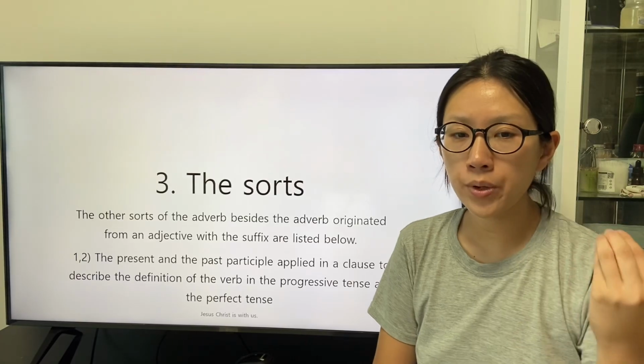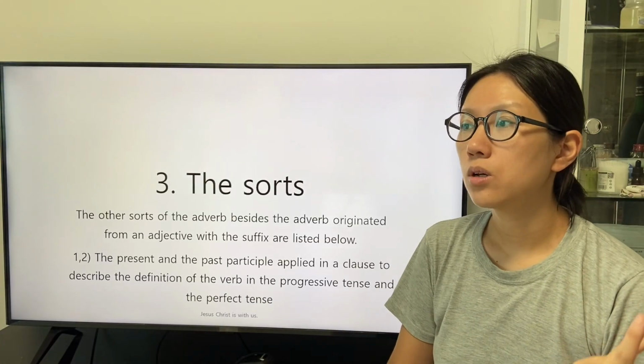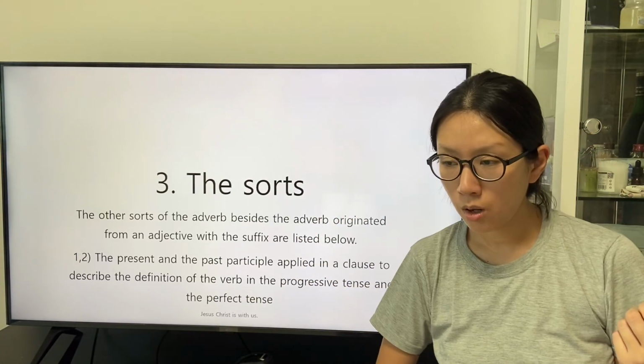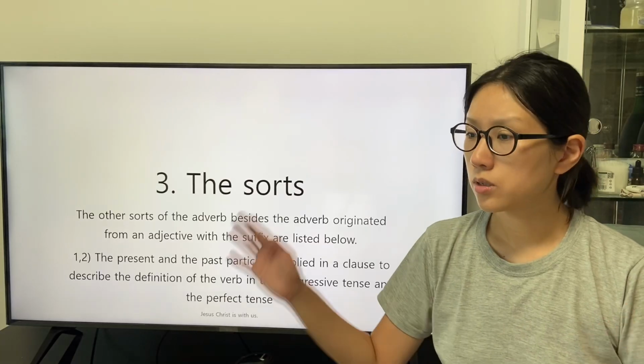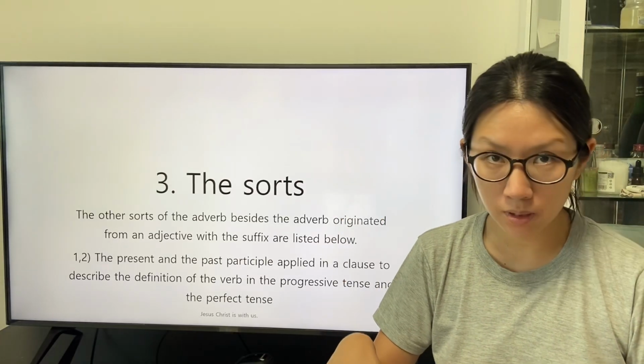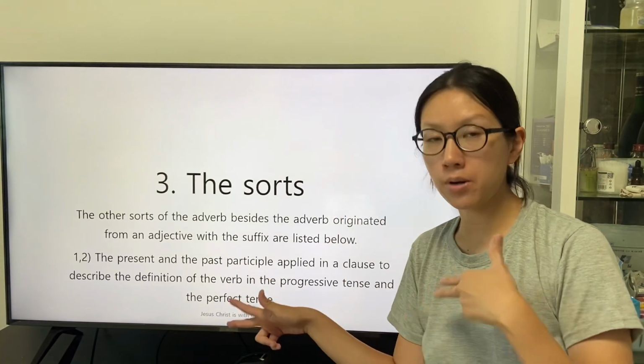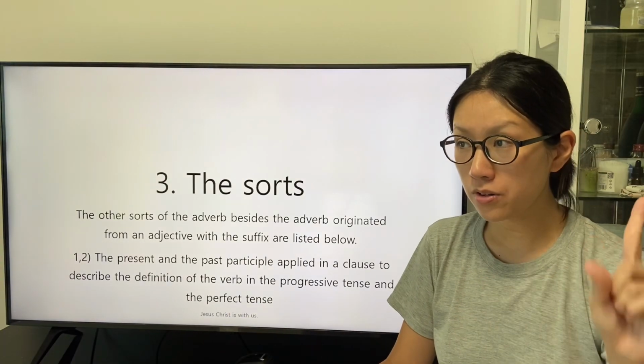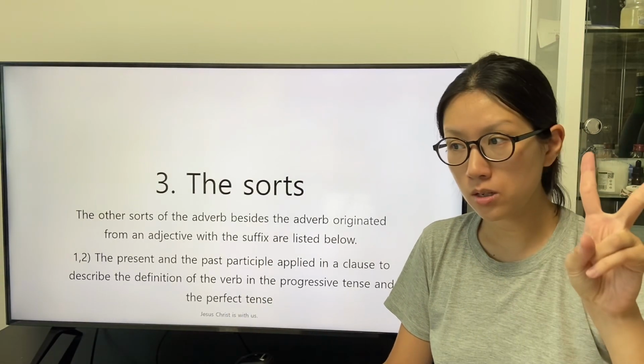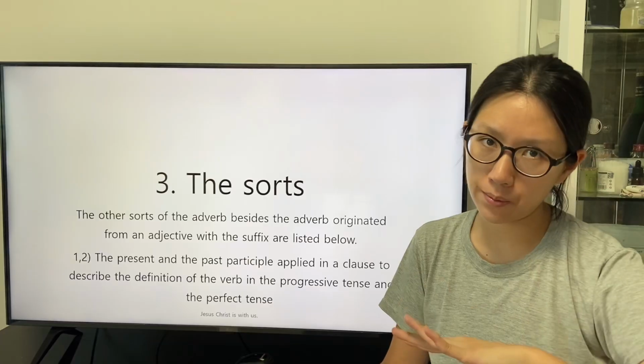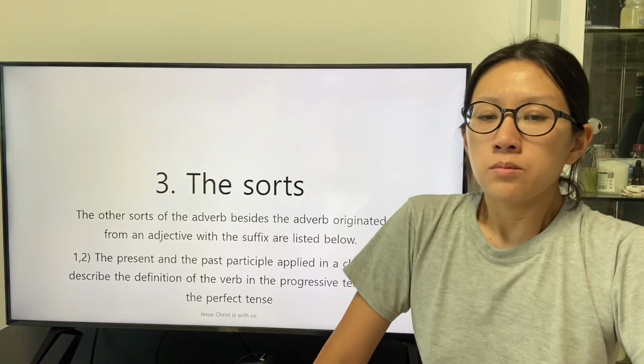From now on, we will study about an adverb. We will study about a present participle and a past participle as the first and the second sort of an adverb.